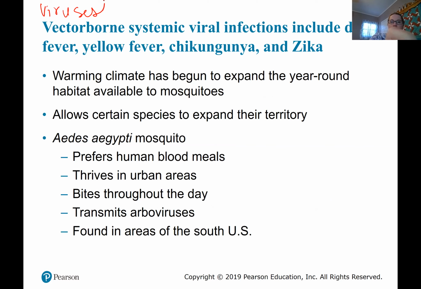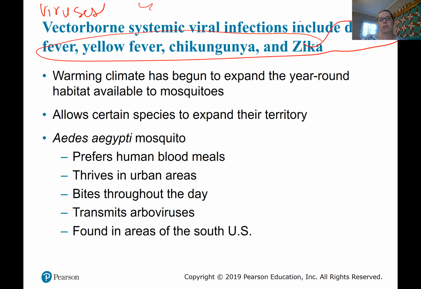And I've run out of room up here, so I'm going to write over here to the side. And these viruses listed here: dengue fever, yellow fever, chikungunya, and Zika, and also West Nile virus. And then we have Eastern equine encephalitis, we have Western equine encephalitis.